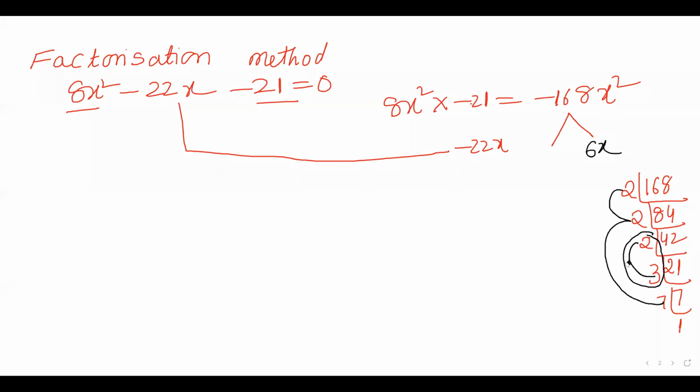Okay. And what is remaining? 2 2s are 4, 4 7s are 28. You are having minus, so bigger will become minus, smaller will become plus.